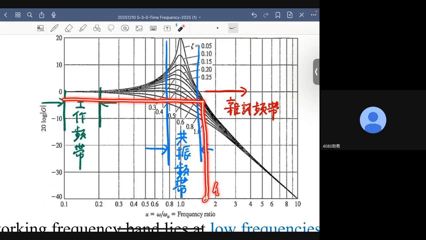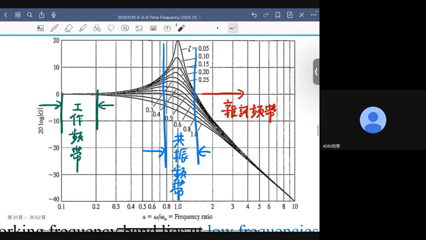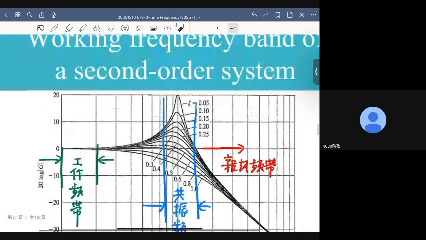This will be the frequency of bandwidth, okay? And this is actually the bandwidth of this system. And unfortunately, with such a definition, this frequency band actually includes this resonant region. And we don't want that, okay?